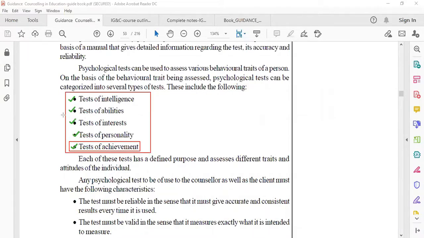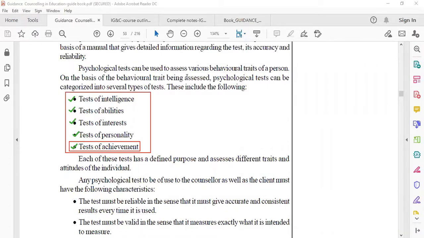Likewise, as far as the test of interest is concerned, like other tests, these tests are basically standardized tests. Already ready-made tests are available with counselors and guides, and these tests can be applied in order to use testing techniques.